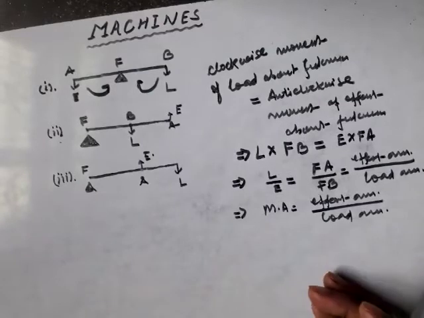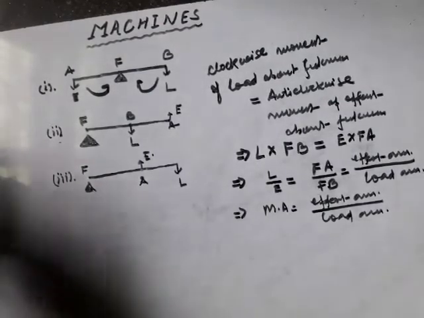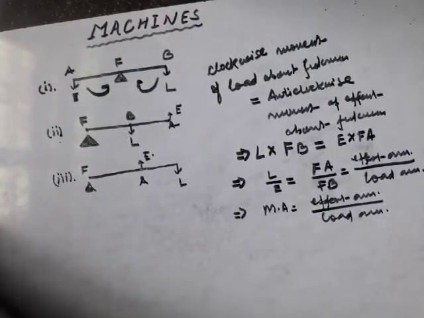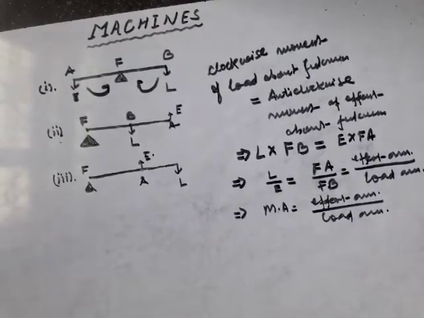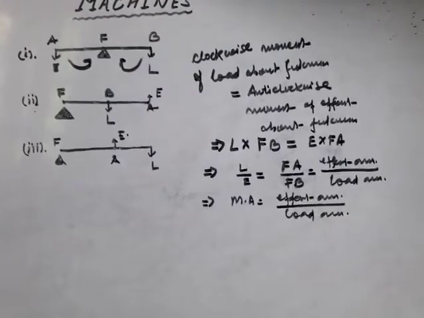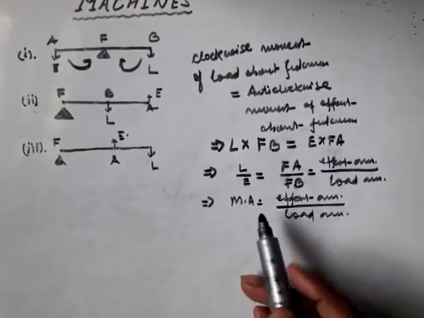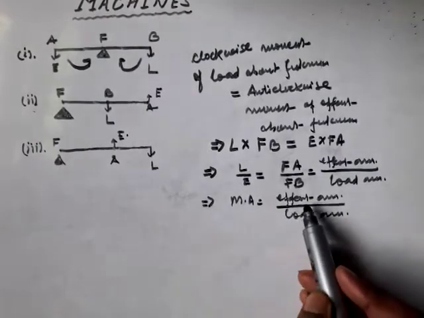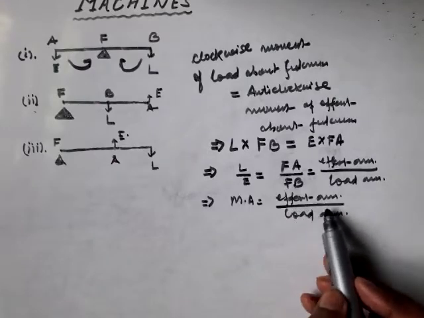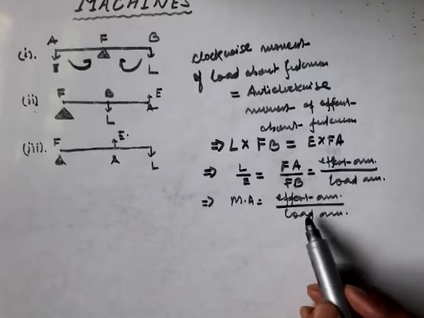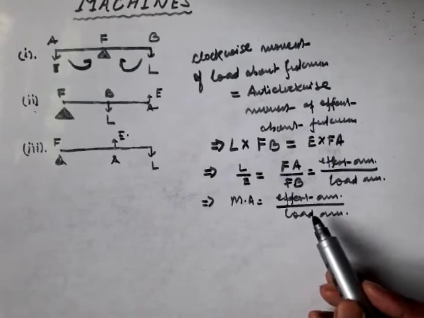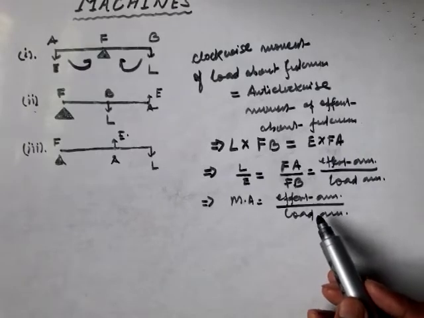So dear student, this is the relation, and this mechanical advantage is equal to the length of the effort arm to the length of the load arm. This is a ratio, and this relation is known as the law of lever.